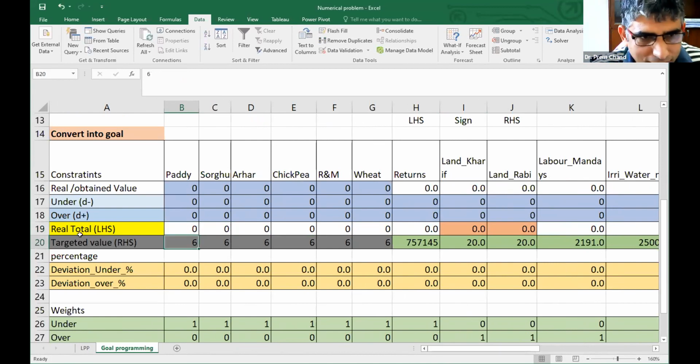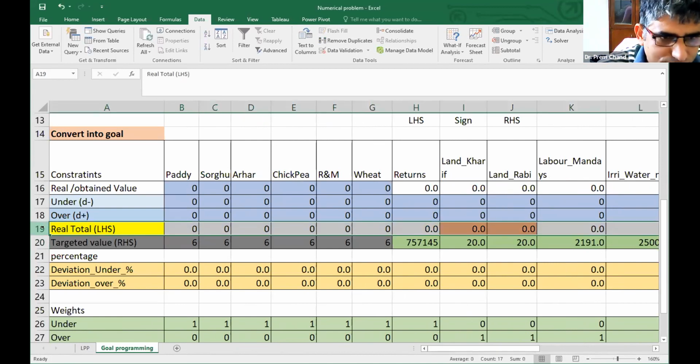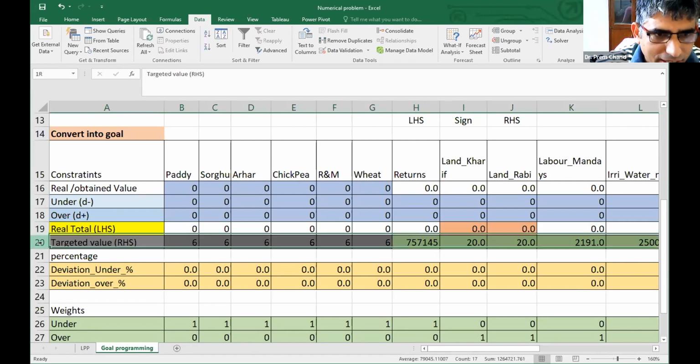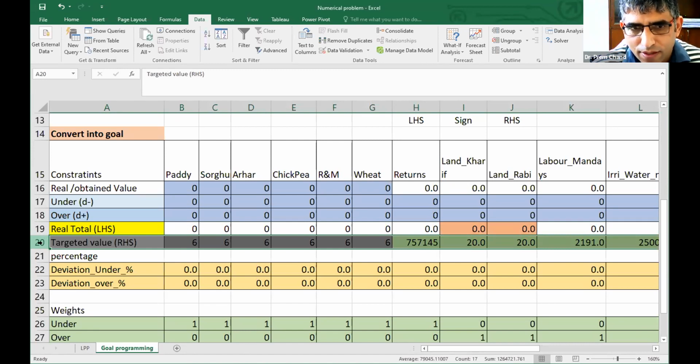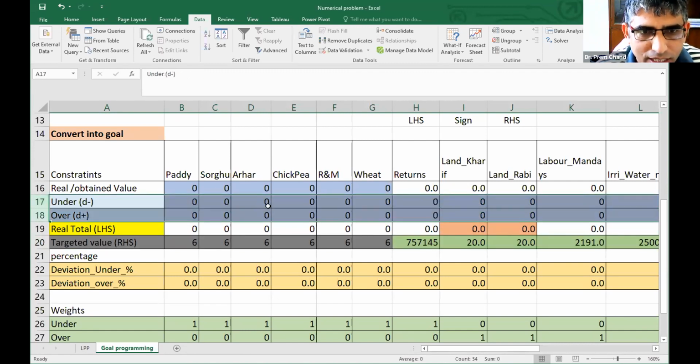My left hand side now becomes this row, and right hand side becomes these target values. Now I want that my deviation should be minimum. And what are deviations? These row numbers 17 and 18 are deviations.